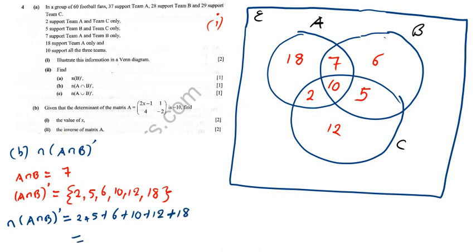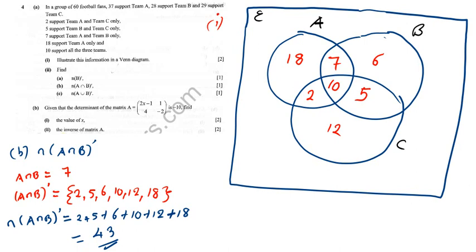When you add them, we are getting 43. So 43 is our answer for the number of A intersection B complement. So part B, we are done.